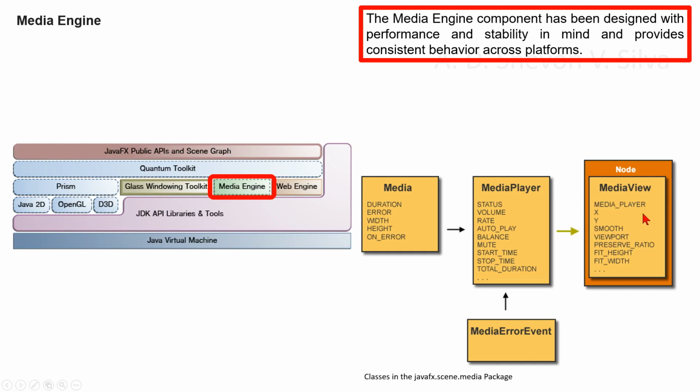Other Boolean attributes serve to apply the particular effect provided by the node class, for example, to enable the media player to be rotated.